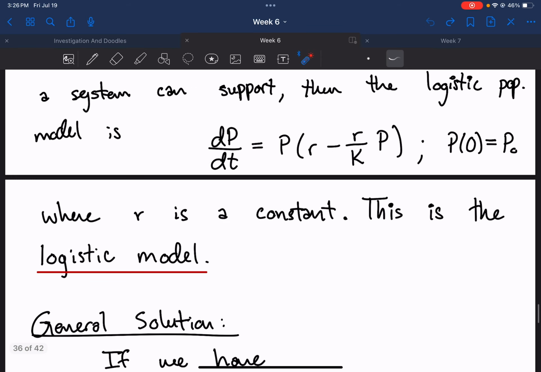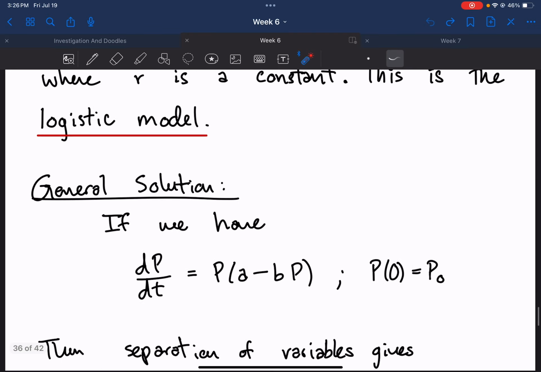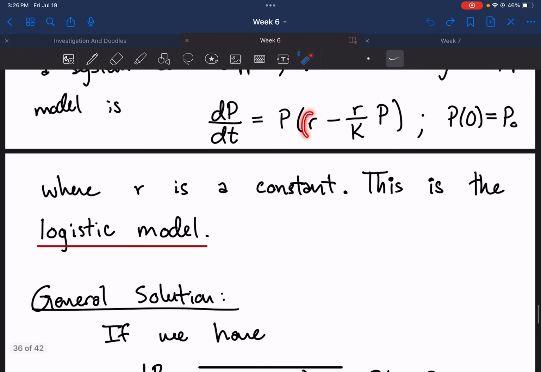In general, you can solve this. This is only in terms of P's, so you can divide it across. This is in terms of t, so you can push that across. And it's a separable equation. In general, we just write this equals a, this equals b, but in reality there's some rate and some constant and some cap.